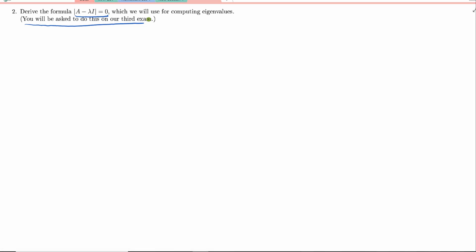So let's return to our definition of an eigenvector. Remember that we said that for a linear transformation, we've got T mapping from Rn to Rn.